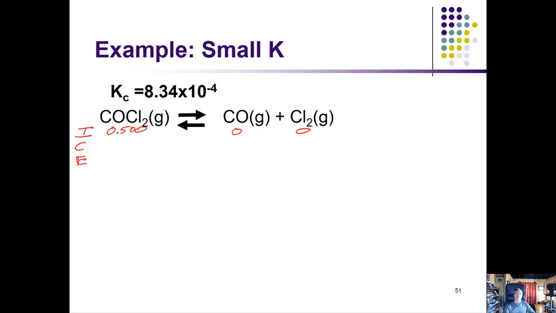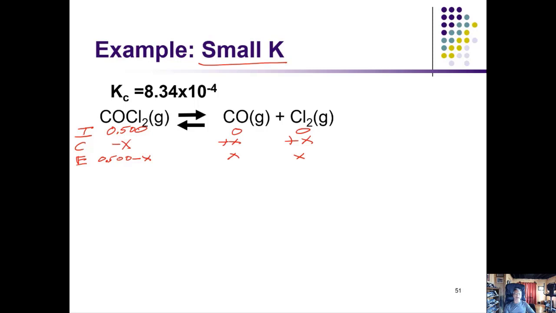We already suspect that this may be a small K, that we can ignore x with respect to the reactant concentration. So that's going to be minus x. This will be plus x. These are the changes. We're making a little bit of our products. And then we have 0.500 minus x. 0 plus x is x. 0 plus x is x.